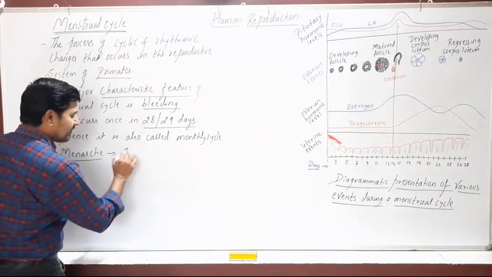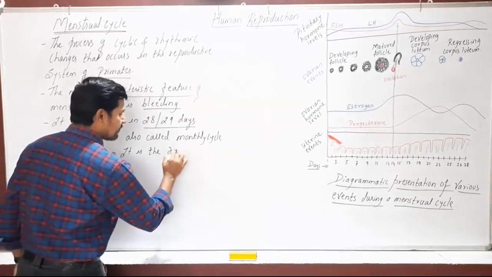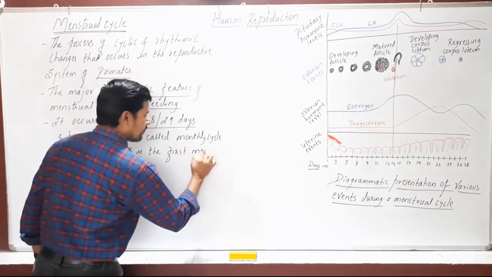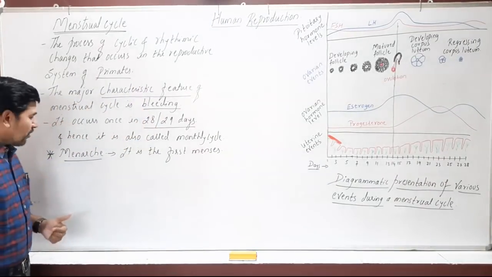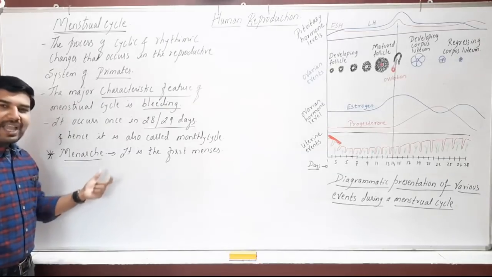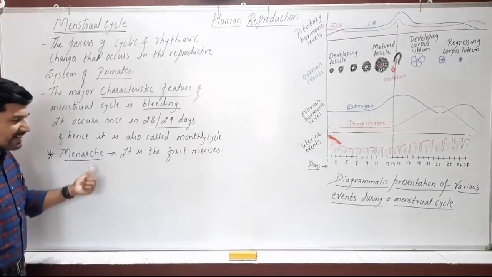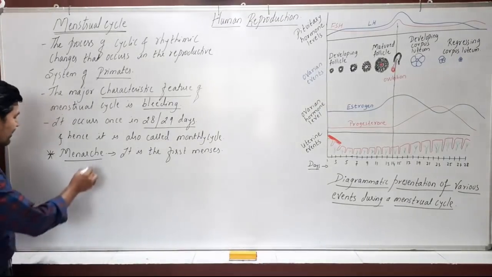Menarche is the first menses, or the first menstrual cycle, or the starting of the menstrual cycle at the pubertal phase. So it starts at puberty, meaning sexual maturity. This is called menarche.